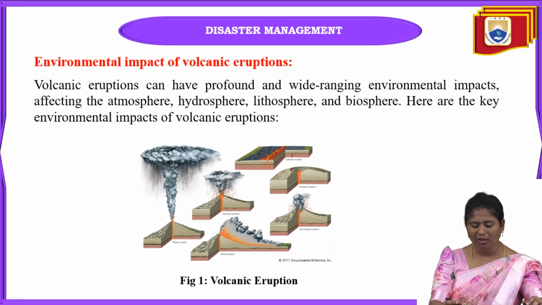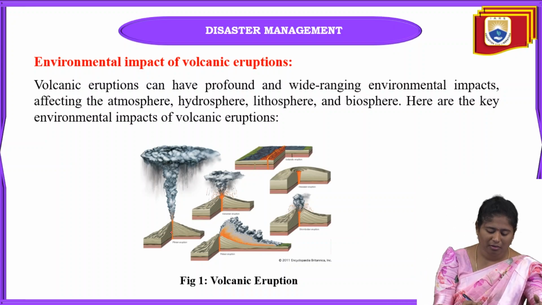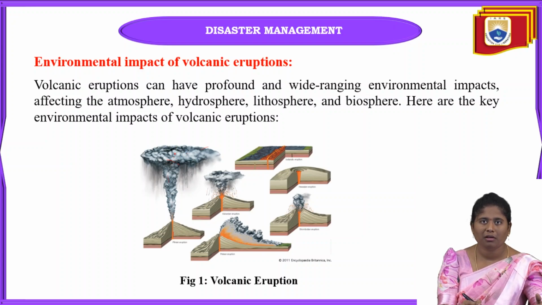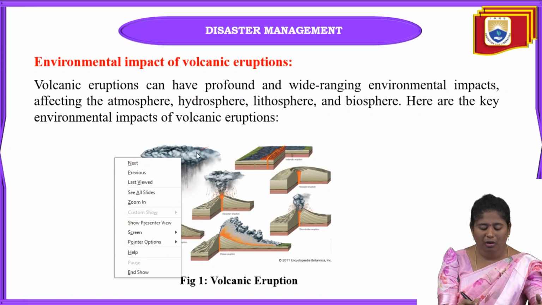Mainly, here you can see when any type of volcano erupts, gas and smoke are going to be released into the atmosphere, which will have a very large effect on the atmosphere.